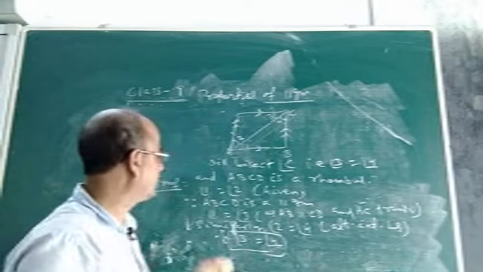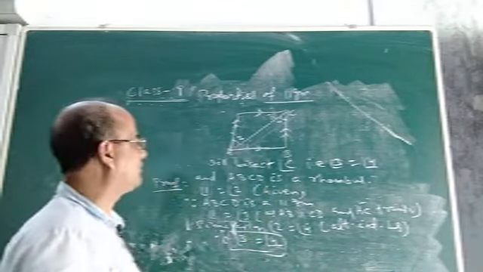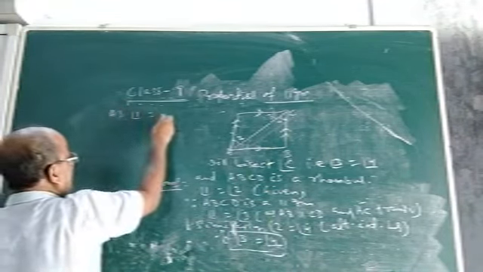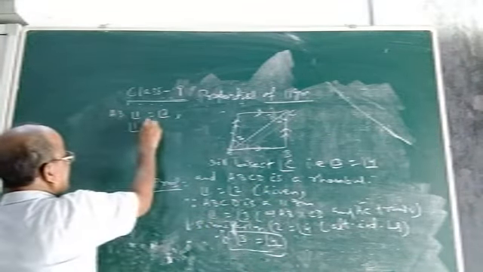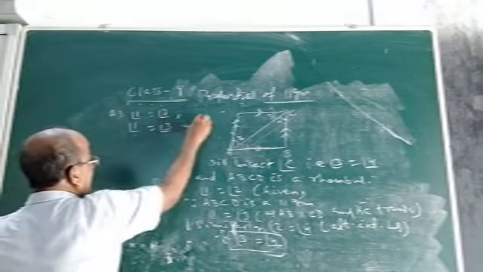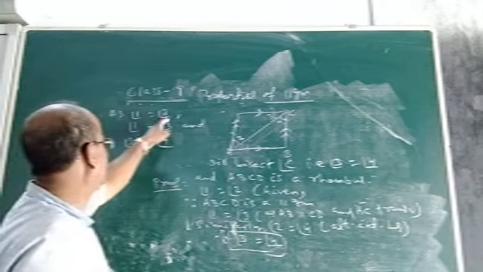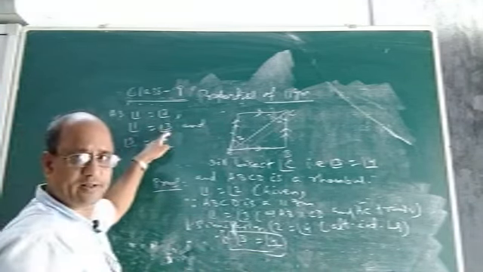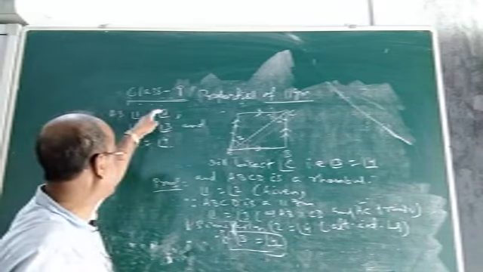To show it is a rhombus, we have to show any one pair of adjacent sides equal. As angle 1 equals angle 2, angle 1 equals angle 3, and angle 3 equals angle 4, which we proved here, that means angle 2 equals angle 3.